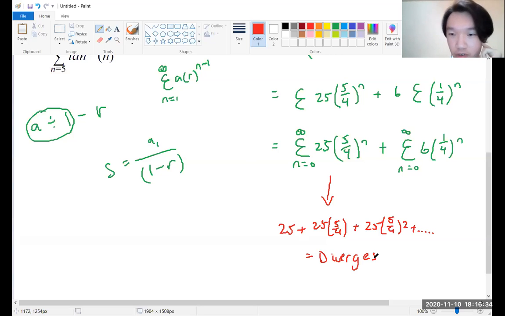So because this diverges, what should we do now? We can find the sum for the other series, right?